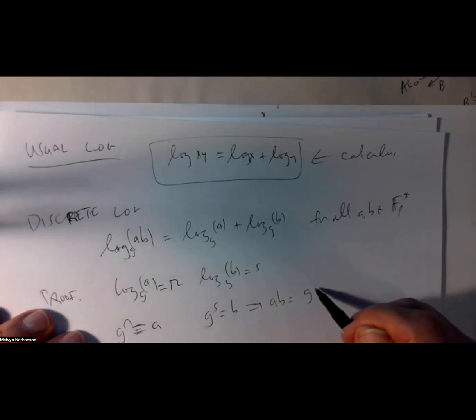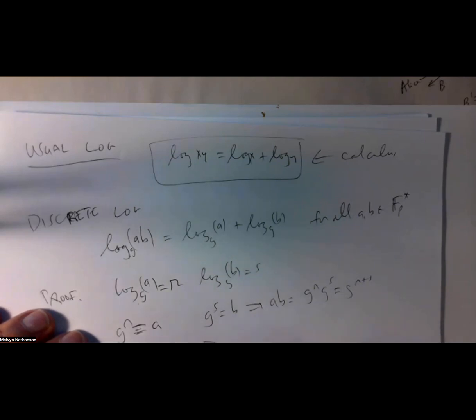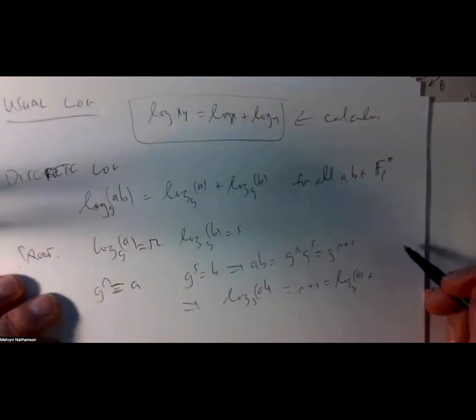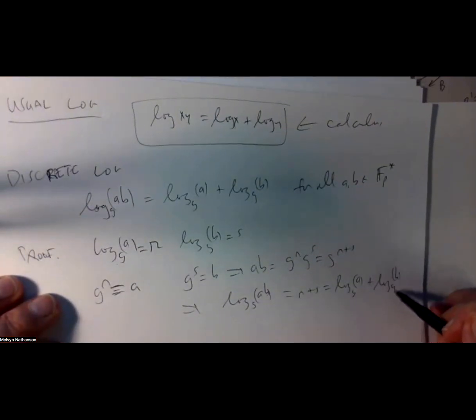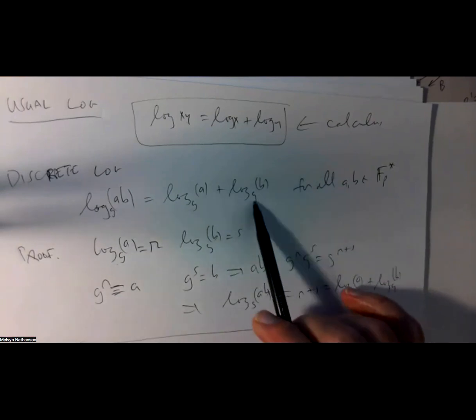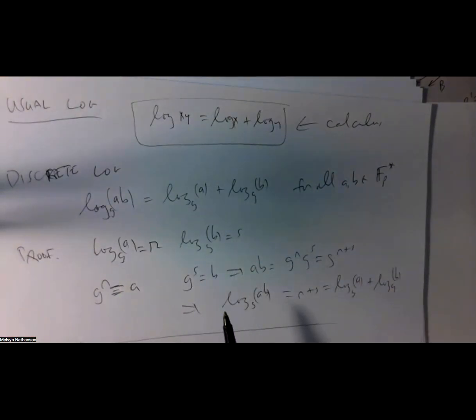So ab is g to the r times g to the s, which is g to the r plus s, which means the log of ab, the discrete logarithm to base g, is r plus s, which is the log of a to the base g plus the log of b to the base g. So that's a proof of this additive property of the discrete logarithm. It's essentially exactly the same proof you would have done in pre-calculus when you were learning about the logarithm.